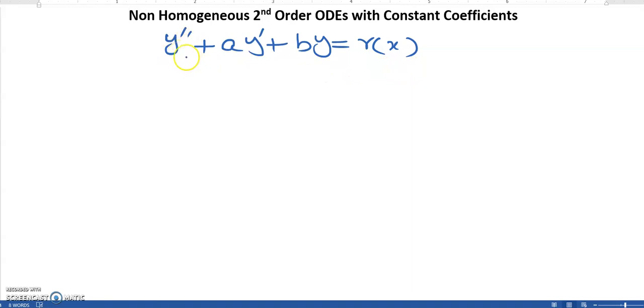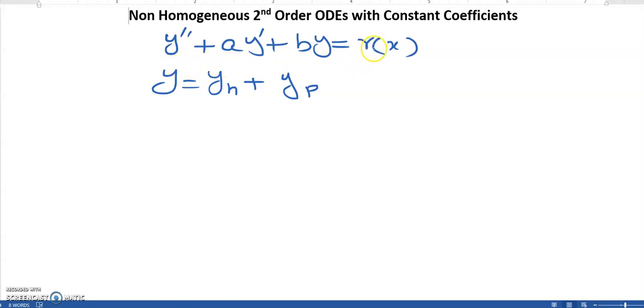So the solution of this non-homogeneous equation is given by this expression. y, the general solution, is equal to the solution of its homogeneous component plus a particular solution. The homogeneous solution is determined by the characteristic equation on the left hand side.